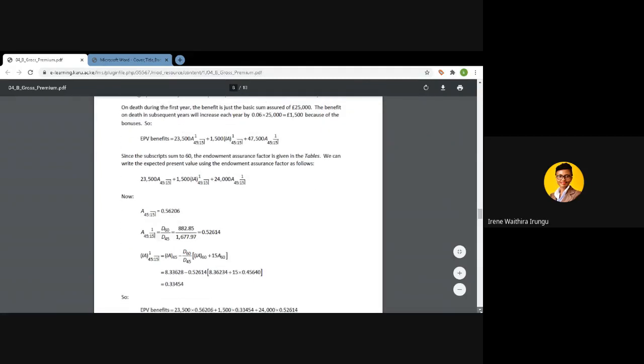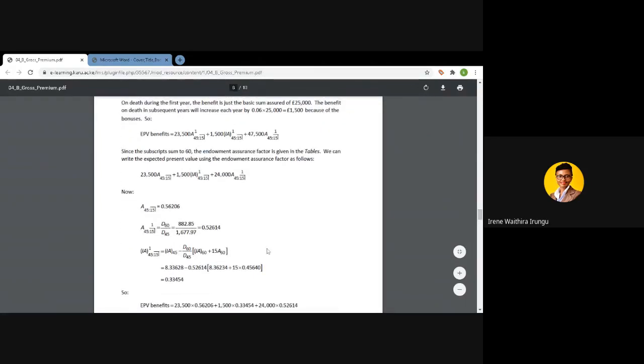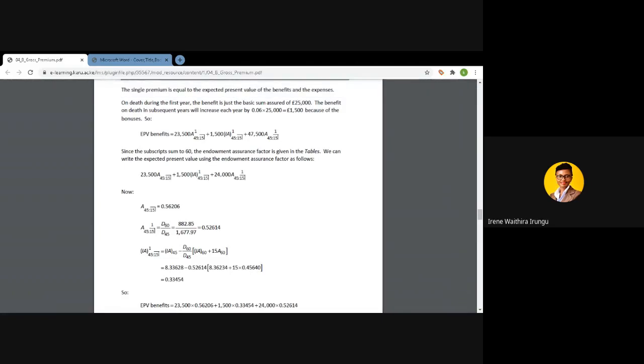So again, for simplicity, so that you're able to read these functions from the table. If I was to express this amount and split it in such a way that this here is a term, and this here corresponds to a pure endowment. And again, we already know the combination of a term and a pure endowment gives us an endowment.